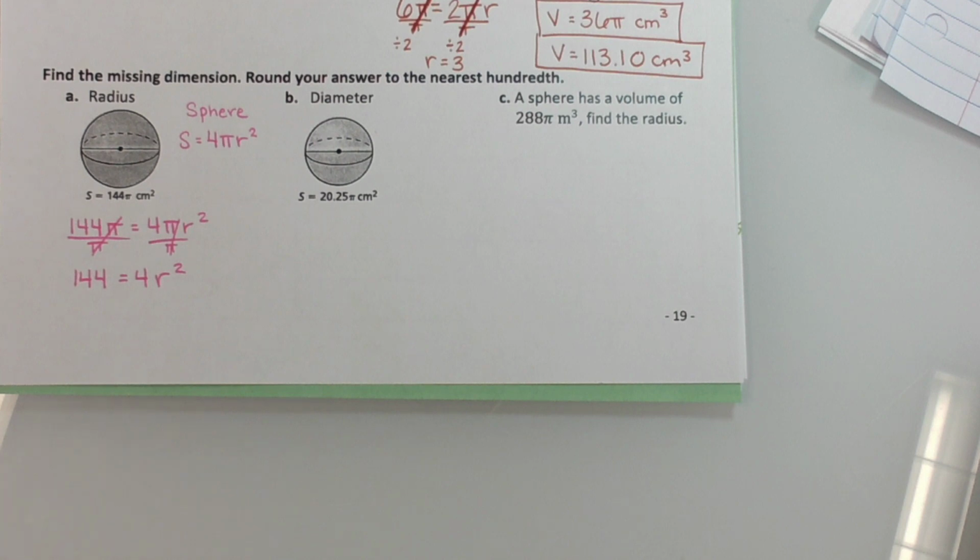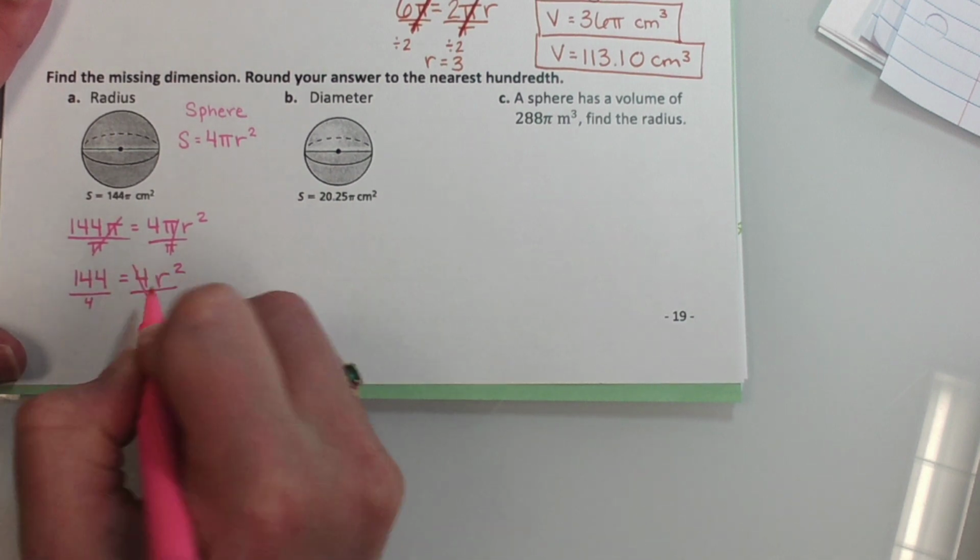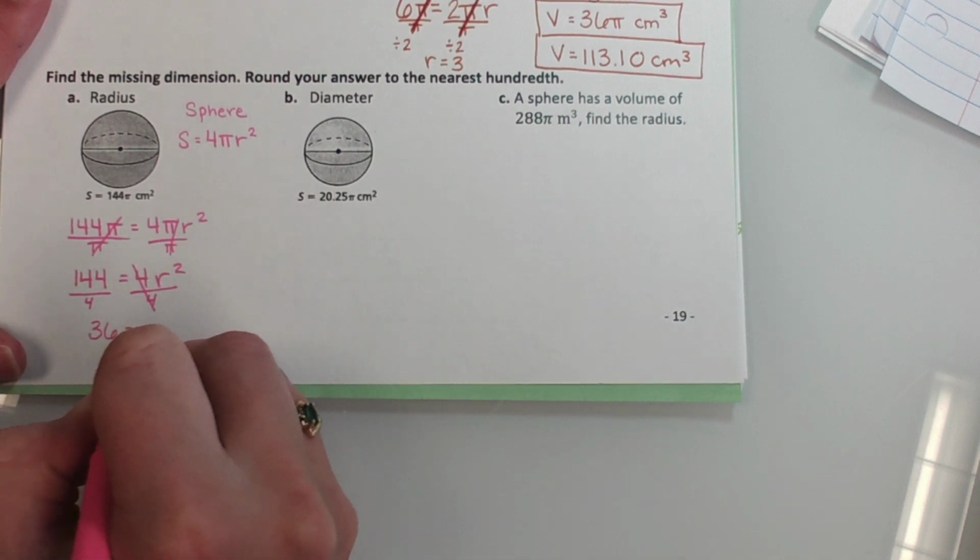I square root it next, right? No. You do not take the square root until the r squared is alone. That was a common thing that popped up on the chapter 11 test with the work backwards problems. Divide by 4 first. 36 equals r squared. To get rid of the squared, you take the square root.